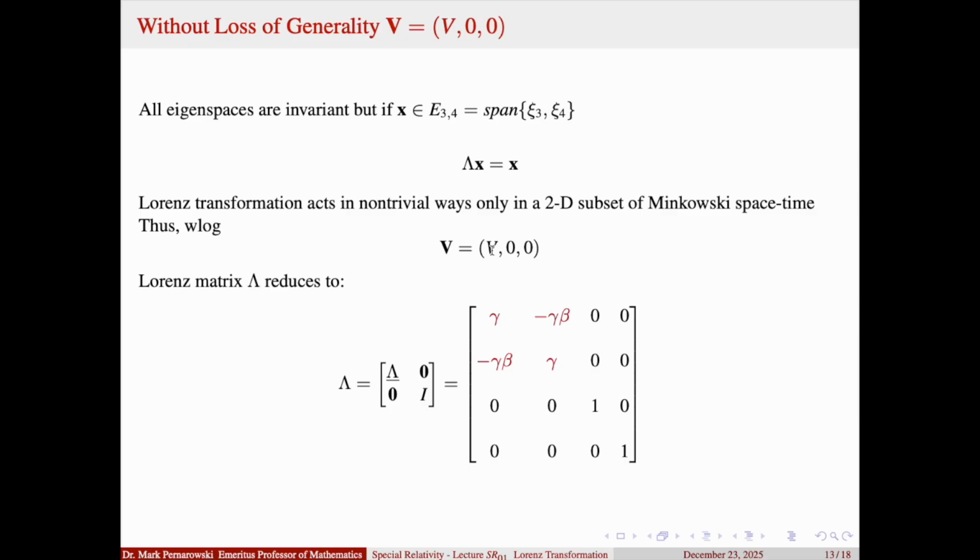If you do that in the Minkowski coordinates, then the Lorentz transformation has a very nice form. It has the same gamma as before, but now the off diagonals are the same. Therefore, this whole matrix is symmetric, and that makes a lot of the math later simpler.